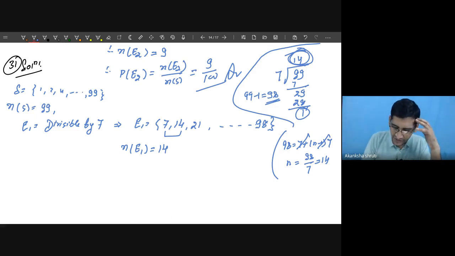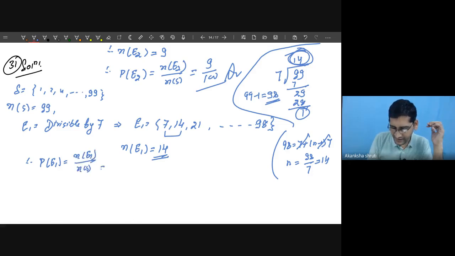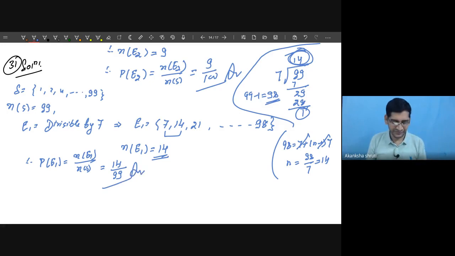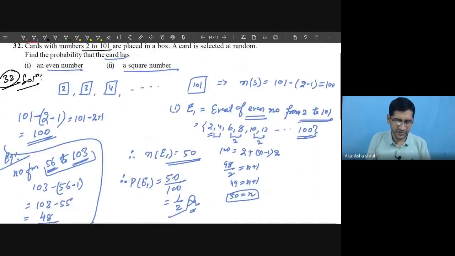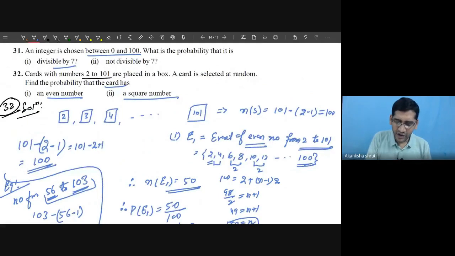Okay. So here NE1 is 14. So PE1 can be obtained by dividing NE1 by NS. It is 14 by NS, 99. It's so simple. It was all about divisible by 7. Not divisible by 7. Excellent.